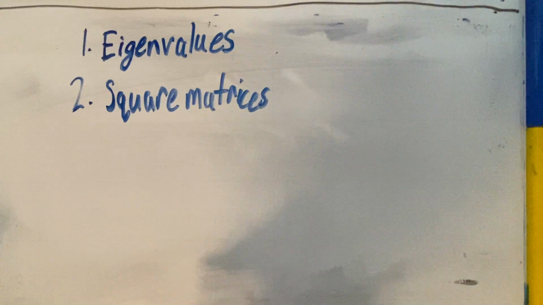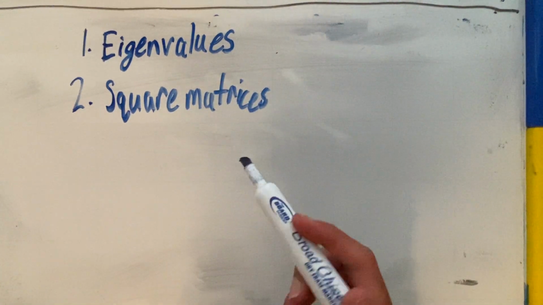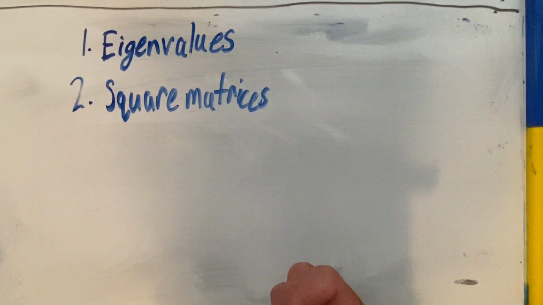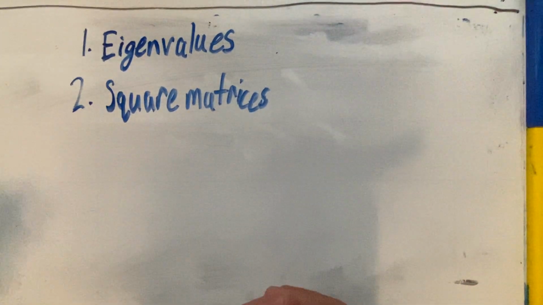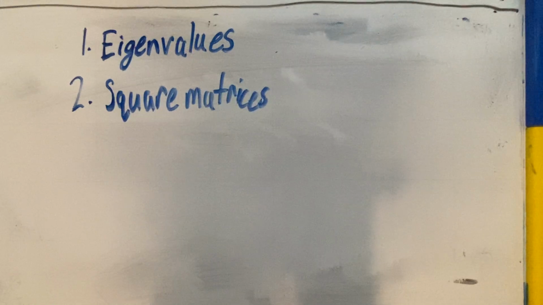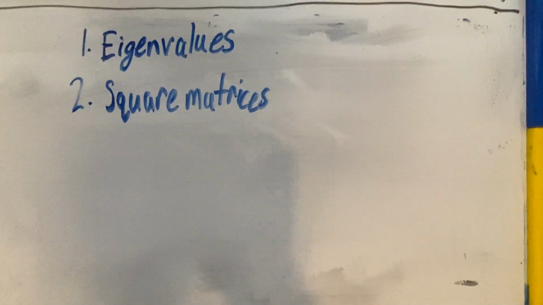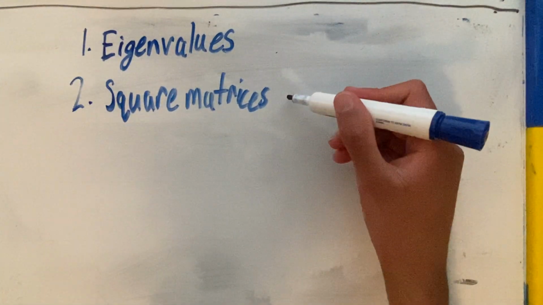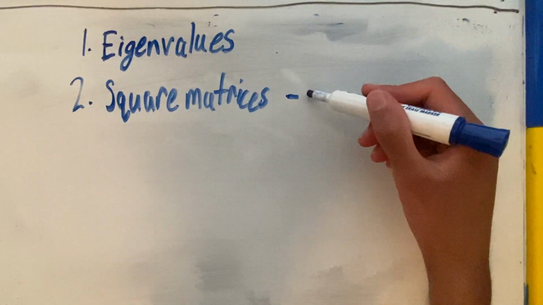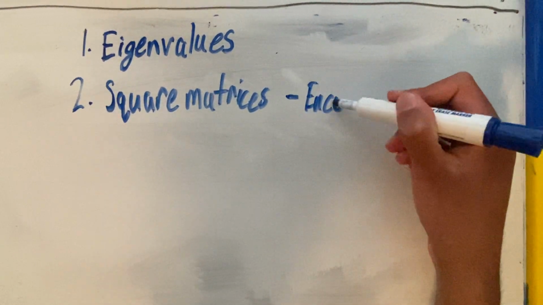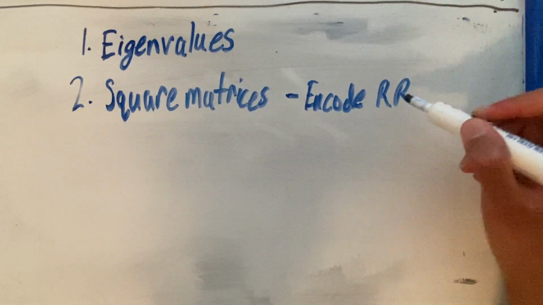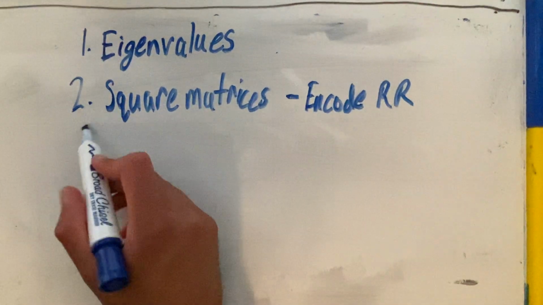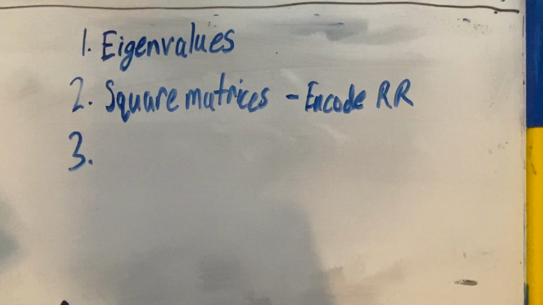Now it's unclear at first what square matrices you might want to use, but I'll just mention it now. It's basically that this square matrix is supposed to in some way encode the recurrence relation. Let's just call that RR for now. And we'll see how that's possible to do in a little bit.